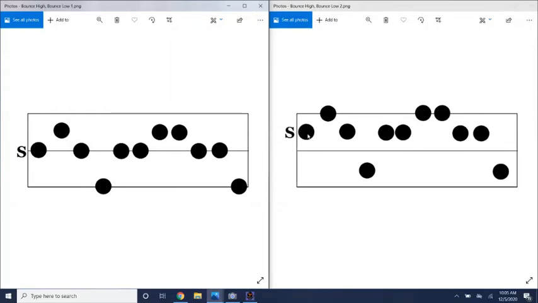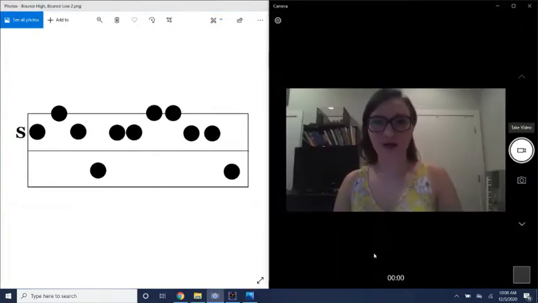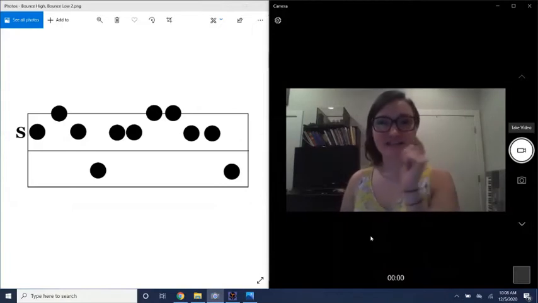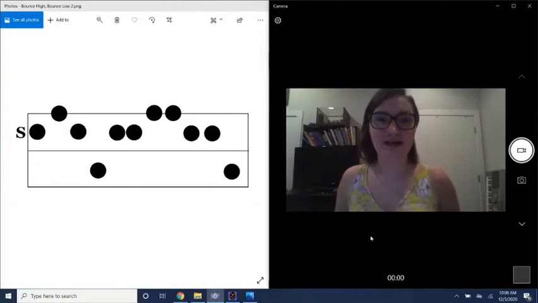Or sing high, sing low, singing every way we know. It's the same exact song, it just looks a little different. So when we're reading music, we need to be very careful that we're reading our labels so we know exactly what sounds to sing.